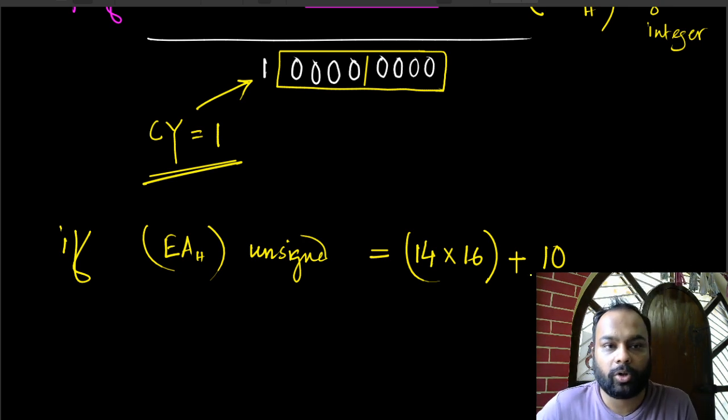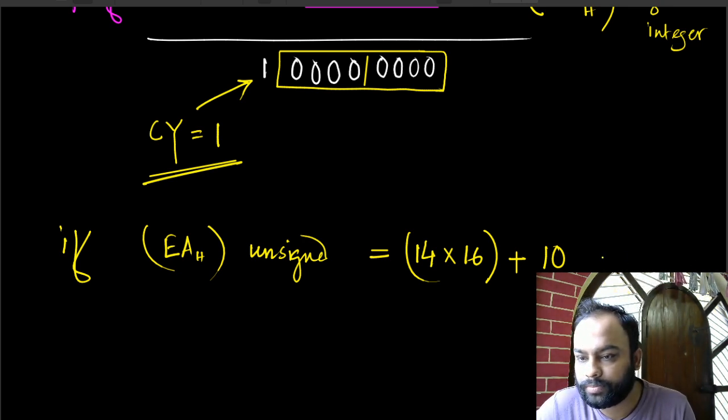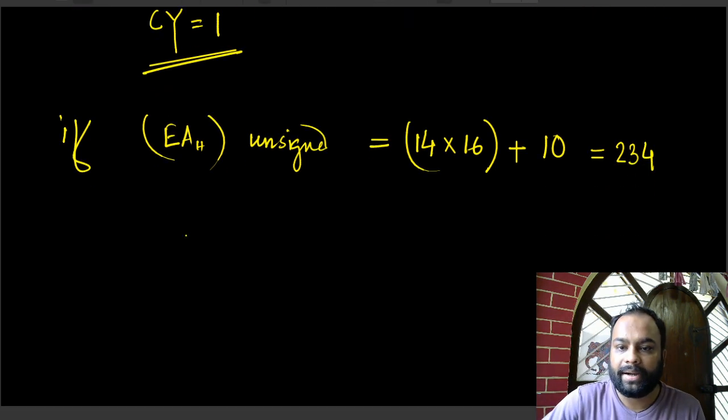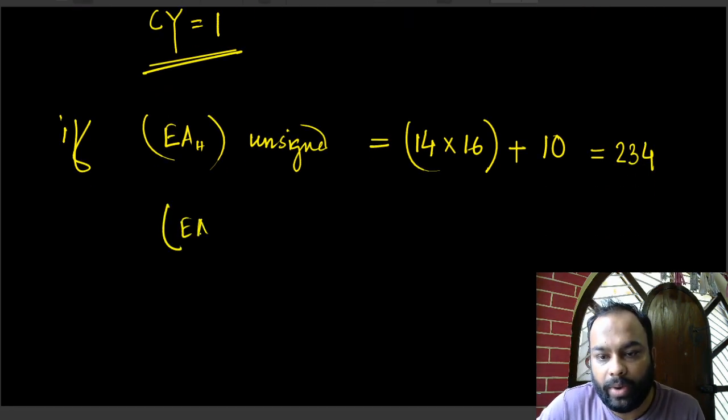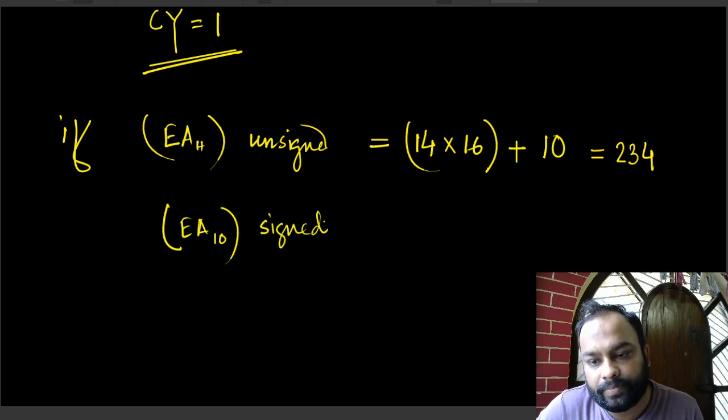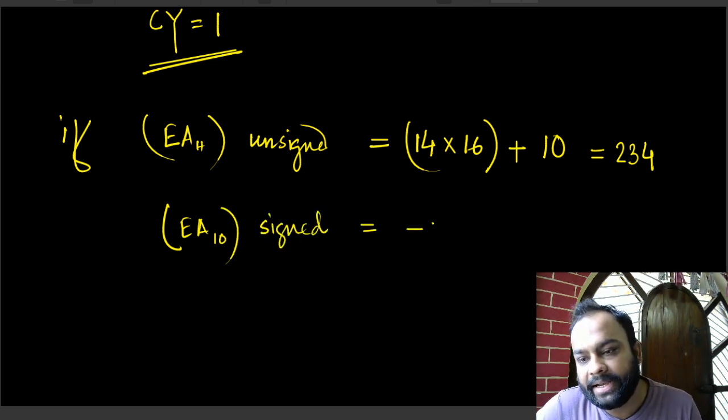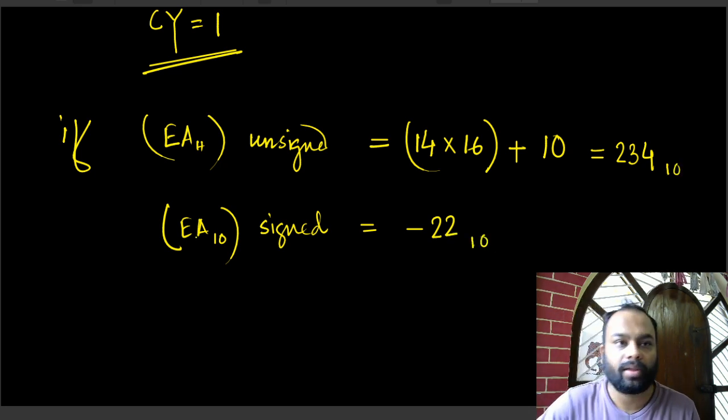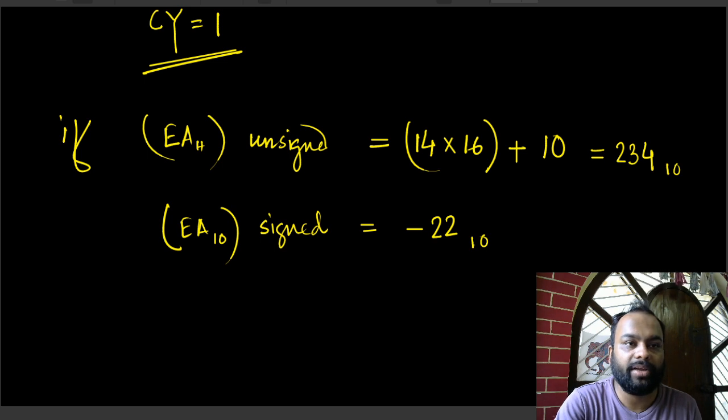This is going to be 234. Right? But EA, when this number is treated as a signed integer, is going to be minus 22 in decimal. Right? So do you get the difference now?